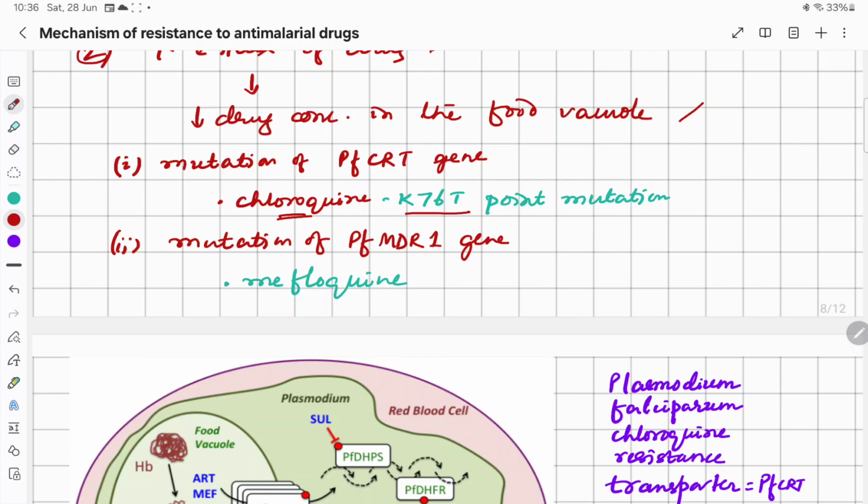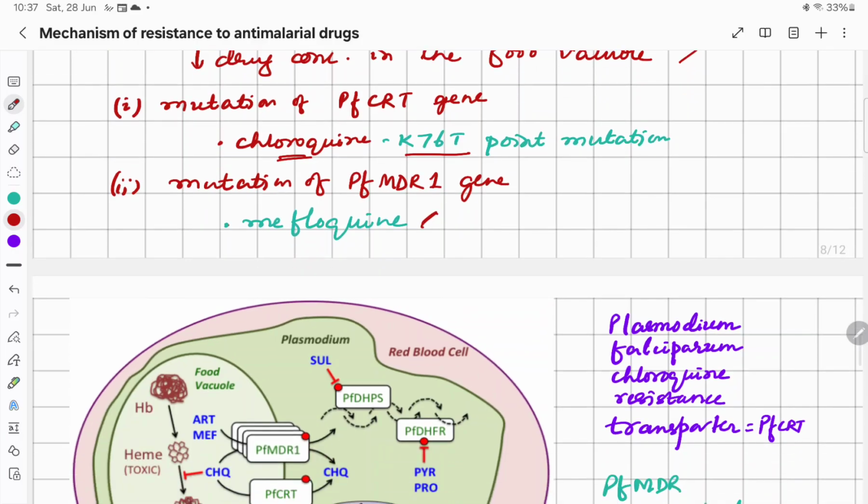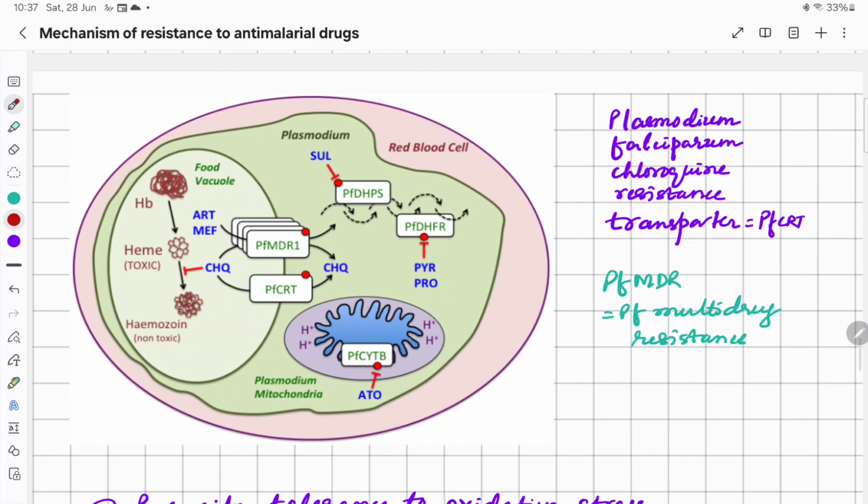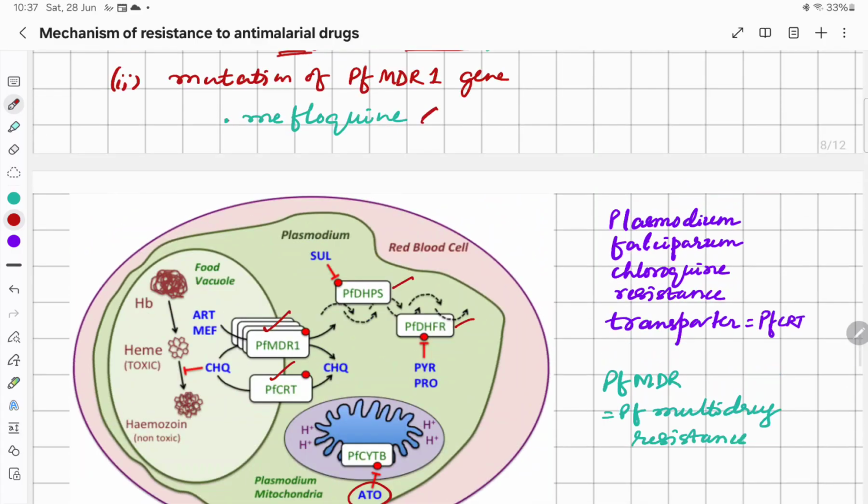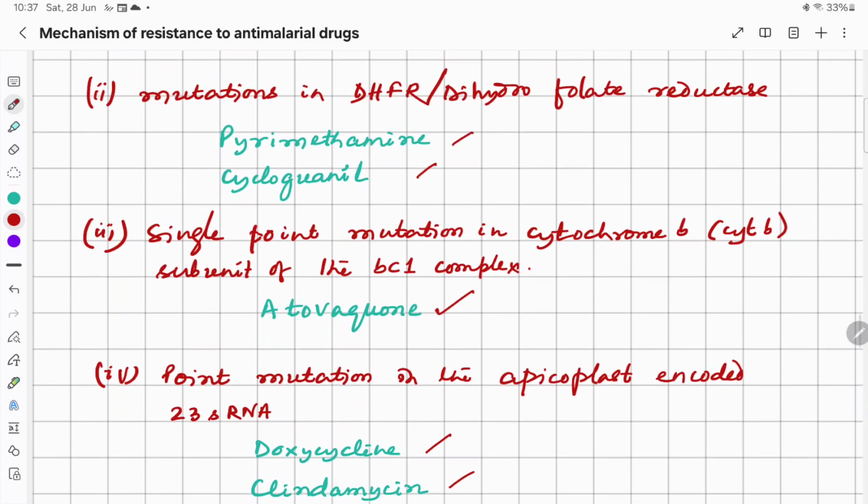And there can be mutation of the Plasmodium falciparum multidrug resistance 1 gene, the PfMDR1 gene, and for example mefloquine resistance occurs here. So you can see in this figure, these are the efflux pumps, and mutation of these two genes can result in this. And then again resistance to atovaquone can be caused by mutation in the cytochrome B subunit of the BC1 complex or complex 3.